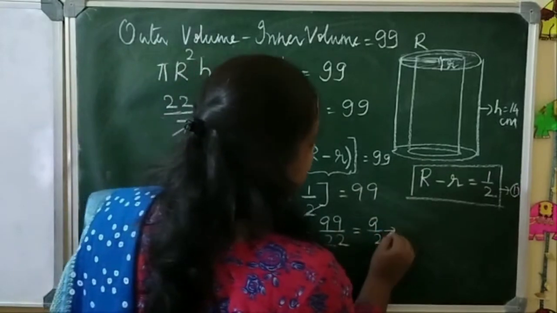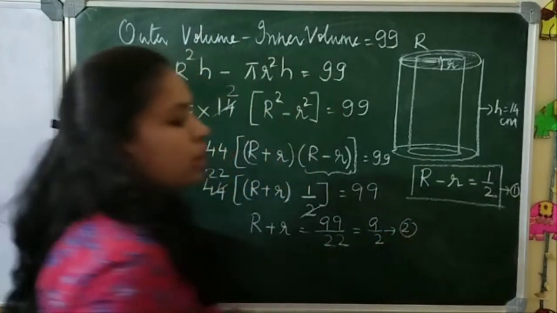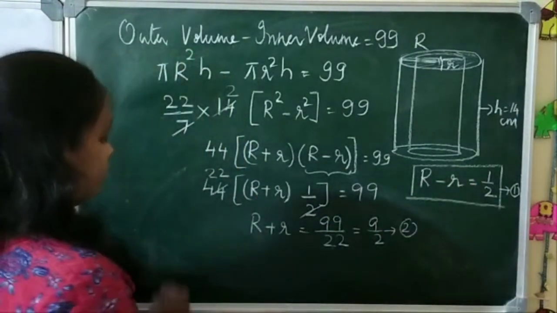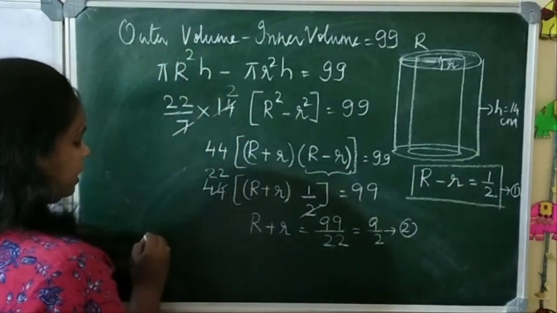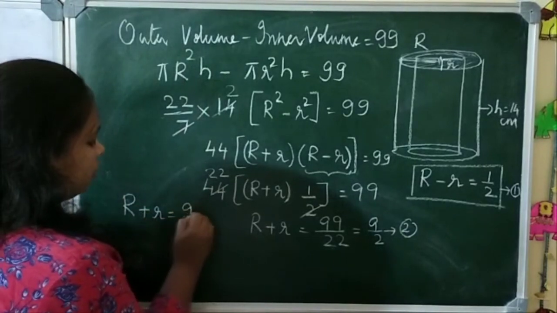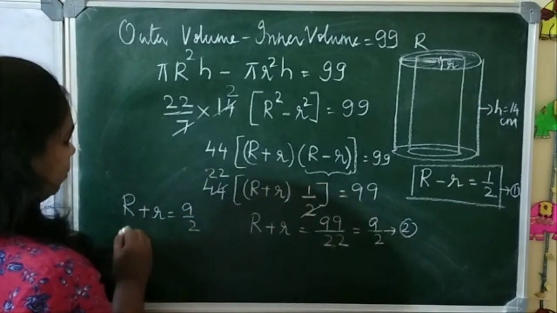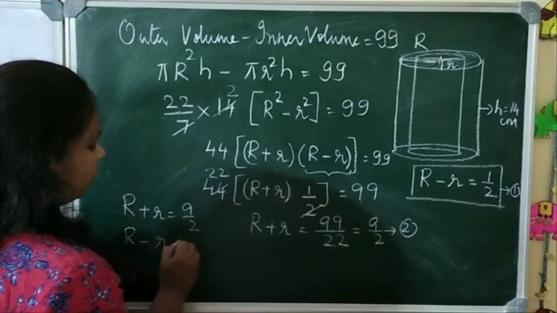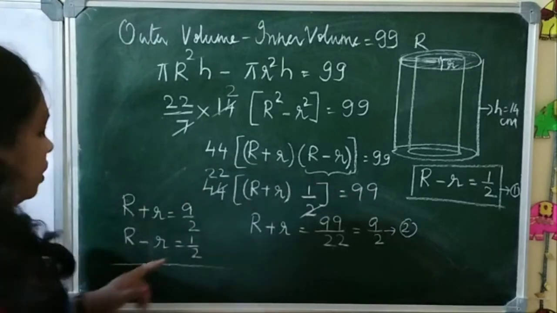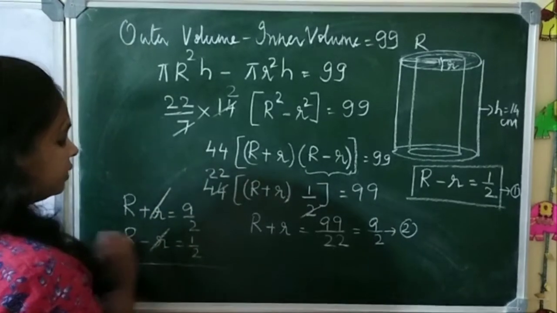So now this is the second equation. So now what you need to do is you have to write both the equations together and we are going to solve. That is, here you have capital R plus small r is equal to 9 by 2, and here you have capital R minus small r is equal to half. So here what you need to do is you have to add these two.